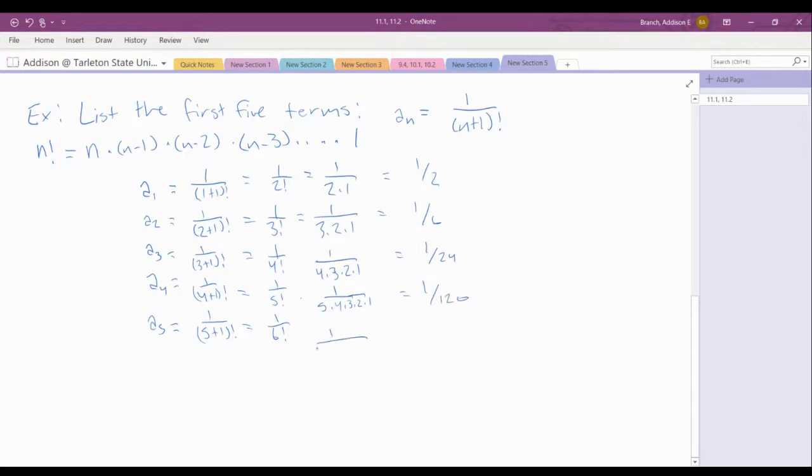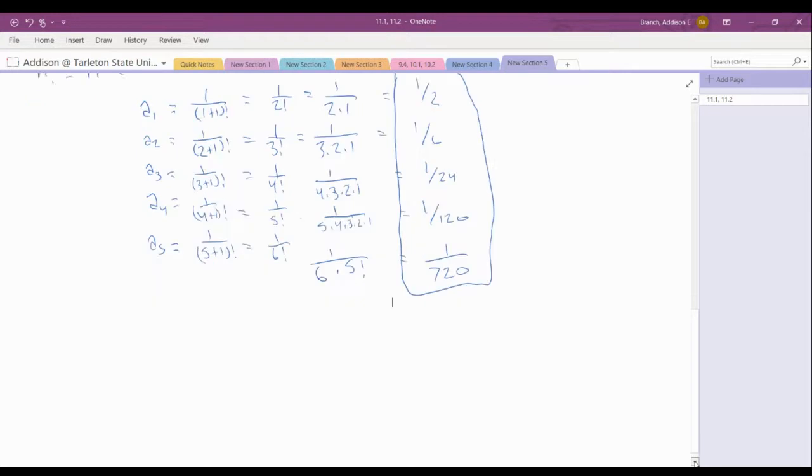And lastly, 6 factorial is 6 times 5 factorial, so 6 times 120, which is 1 over 720. Therefore, these are our first 5 terms within this sequence.